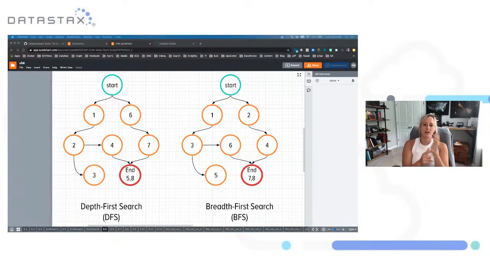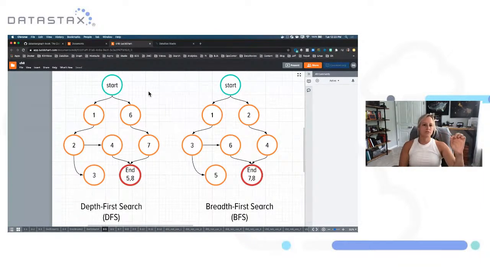But let's actually look at it on the left. All of the numbers on these vertices show you which vertex gets visited and in which order for the different algorithms. On the left, we're going to start at the top at start. When we're doing depth first search, we're going to first go to the vertex labeled 1. Then from there, we go deeper into the graph, to 2. From there, you go to 3.